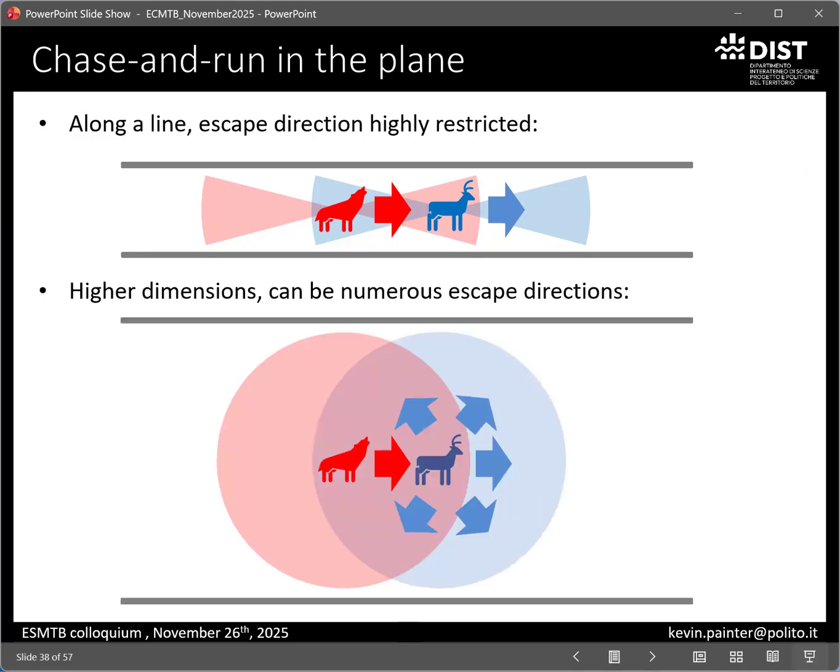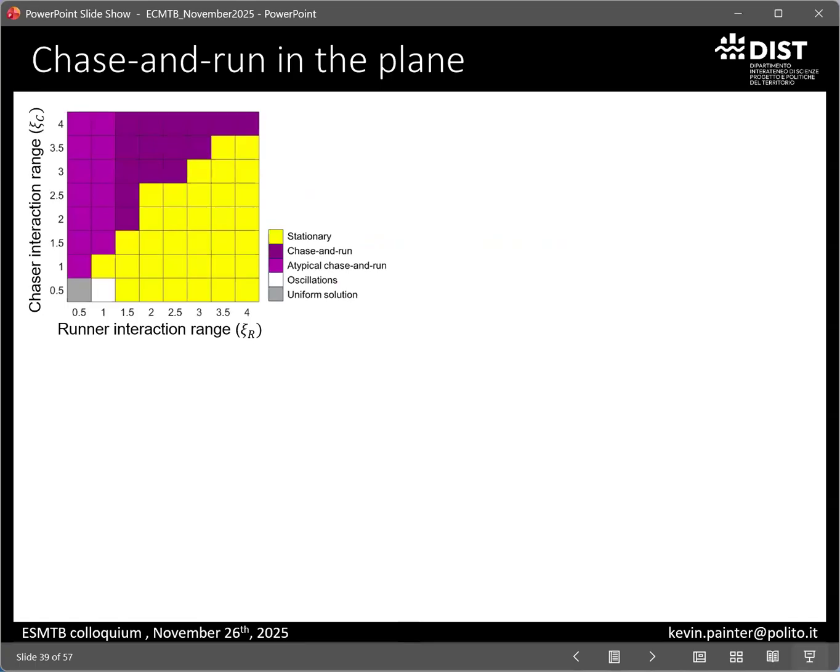But in 2D, of course, you have numerous escape directions, and potentially this could give rise to even more variety of patterning. So we also wanted to investigate how robust this was going to be in the plane. Again, splitting it into chaser and runner interaction range, we looked across the parameter space to evaluate what sort of pattern we would obtain.